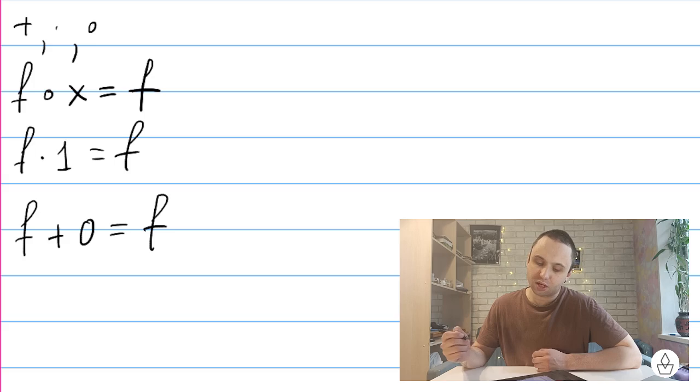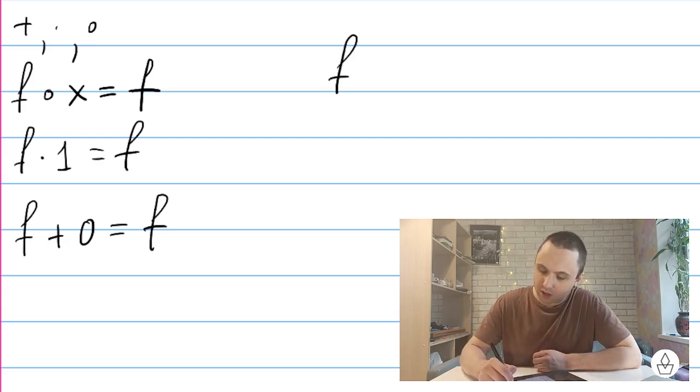Also, we assume that any object in our system has a compositional inverse. We denote it with a negative first power. f composition f to the negative 1 is equal to x.